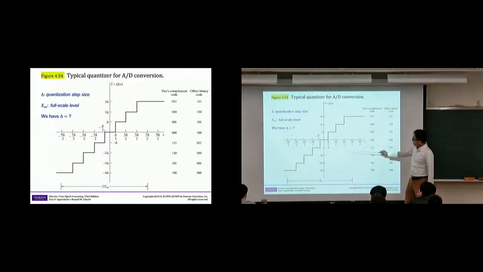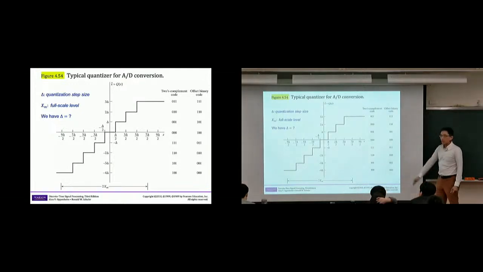So in the negative end, the output will be minus delta, minus 2 delta, or minus 3 delta, and so on. On the positive side, the output can be 0 for sure, or delta, 2 delta, or 3 delta.